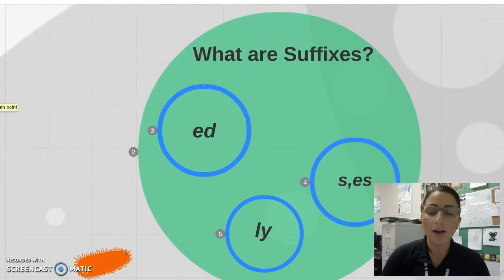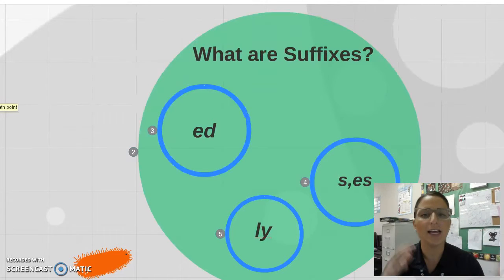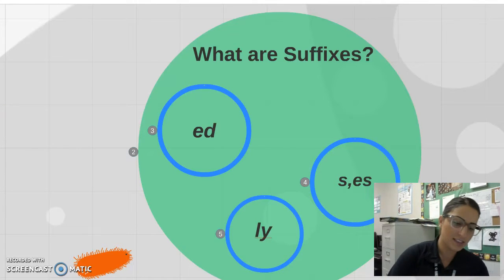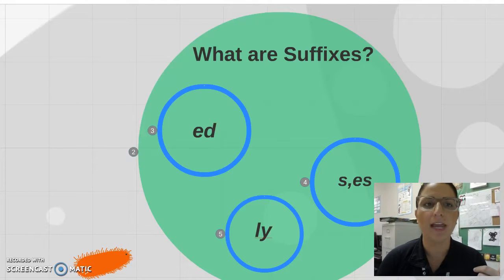So what are suffixes? To my students, I try to break it down. It's at the end. It's so simple. It's the end of a book, or the end of a game, or the end of something that makes a difference and a change, right? So suffixes are simply the end of a word to change the meaning. Think of a football game. That last play, right? It's the end. It's going to change things, right? That's a suffix.